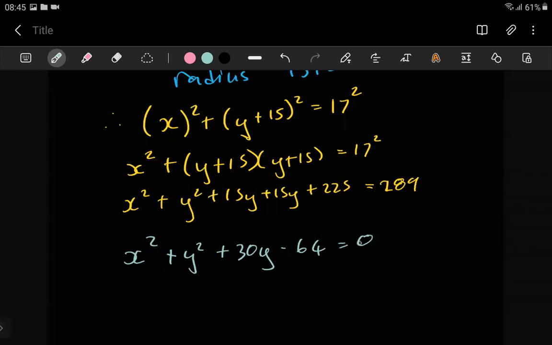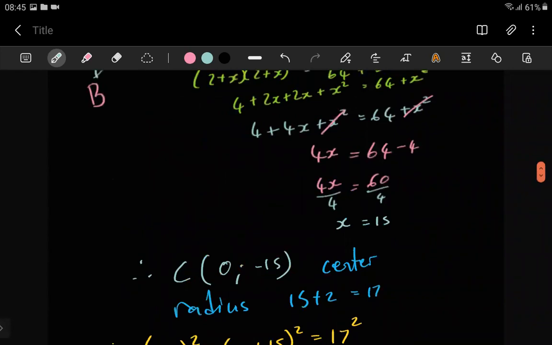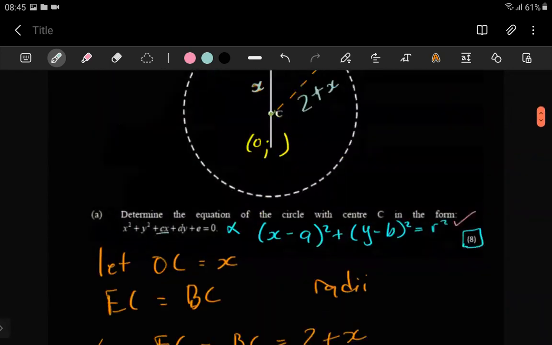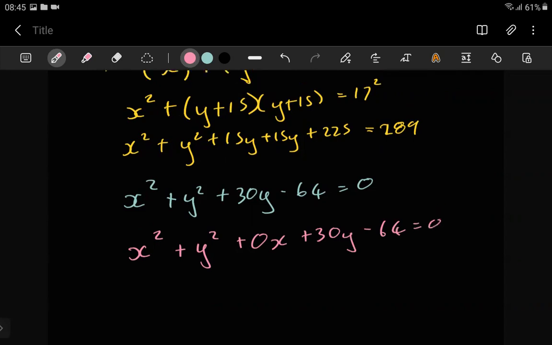So here, as you can see, we don't have anything at all with x. So you could just give it a placeholder of 0, like 0x, to come after this thing here. There is y squared here, and then 30y minus 64 equal to 0.